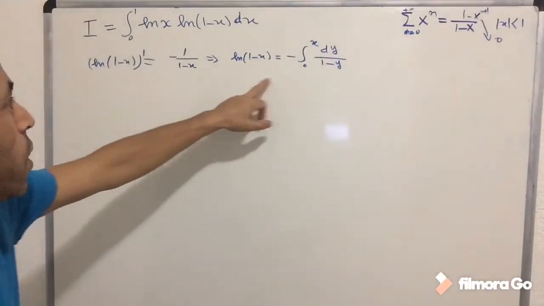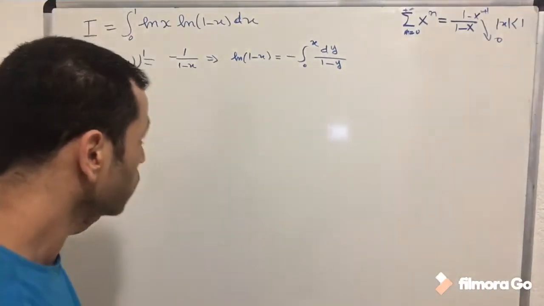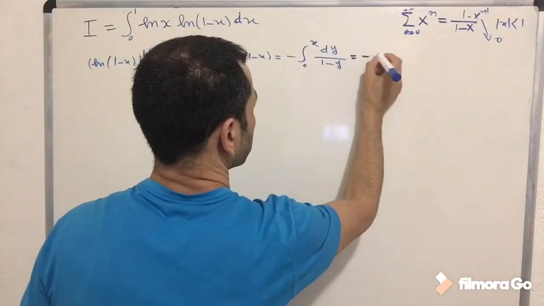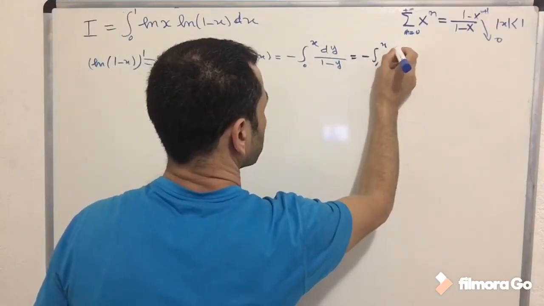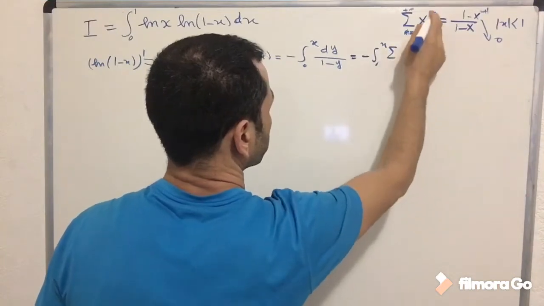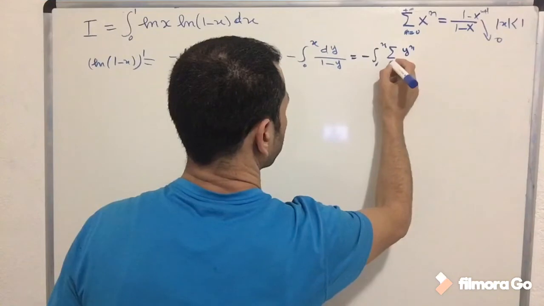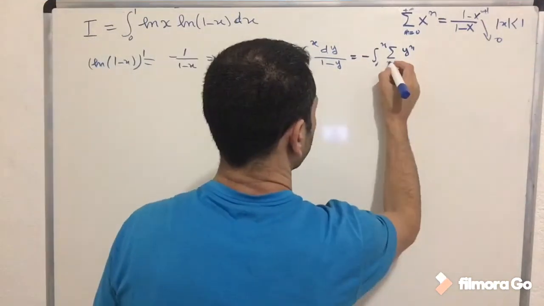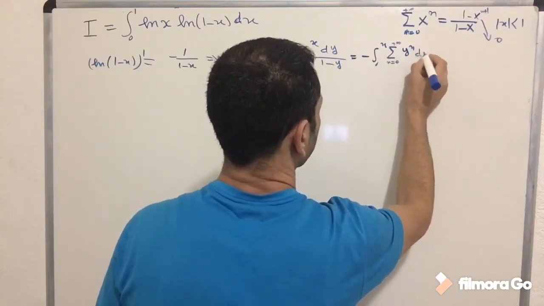This is exactly the geometric series, the sum of y to the n from n equal 0 to infinity, dy.